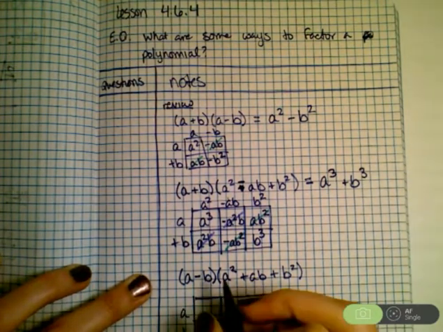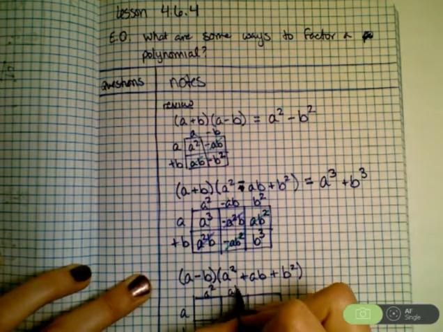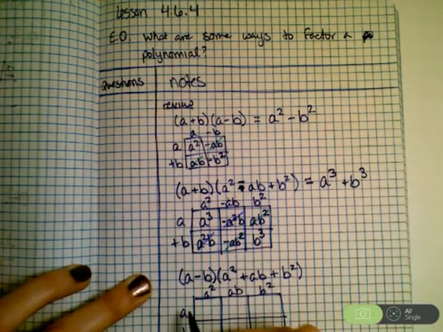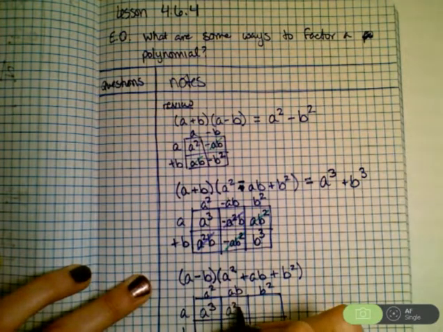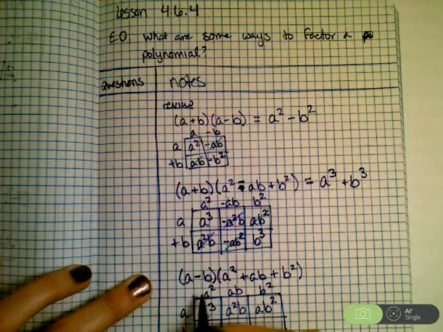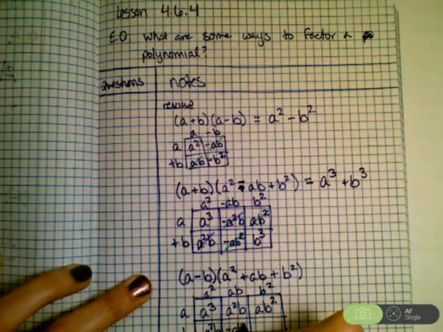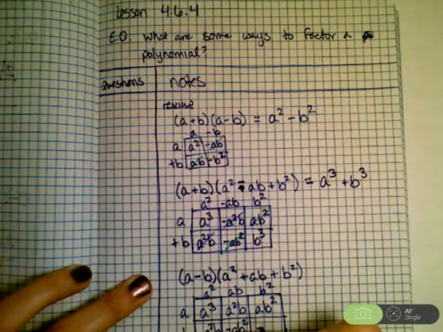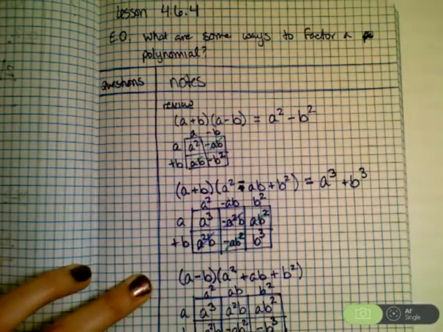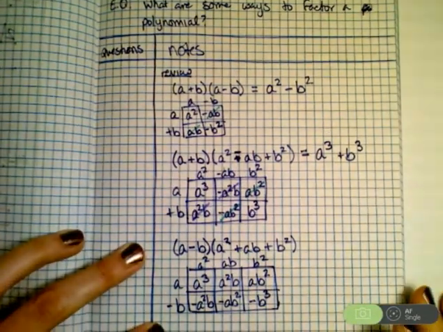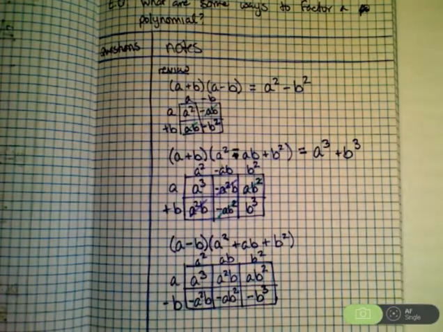A minus b, a squared, ab, b squared, a cubed, two a's and a b, an a and two b's, negative a squared b, negative ab squared, and negative b to the third. Oh geez, that didn't all show up, but there it is. Now you just have to check it yourself.